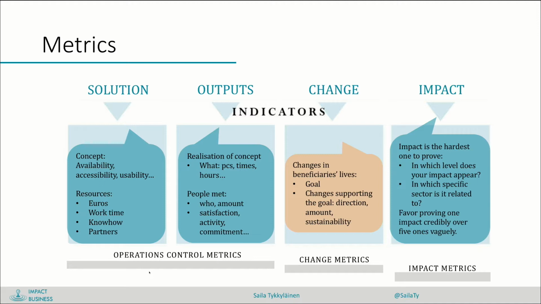So I hope you see that starting to evaluate your impact isn't necessarily this huge add-on block to your already existing activities. But you should rather see what elements of, for example, these operations control metrics you can use to evaluate your impact.